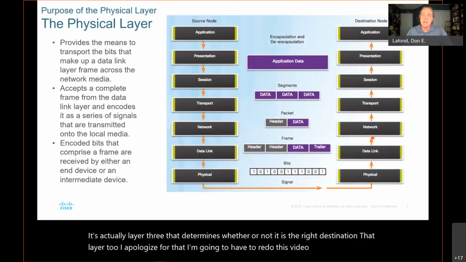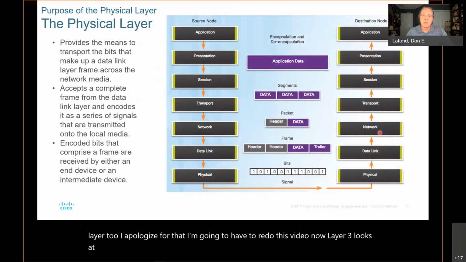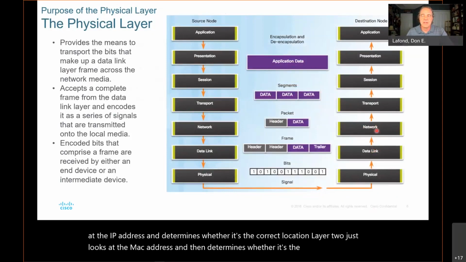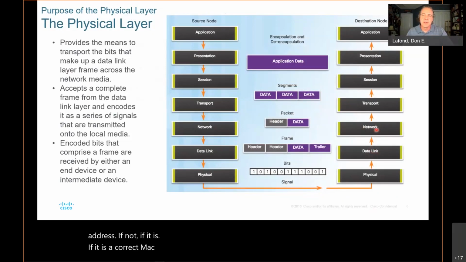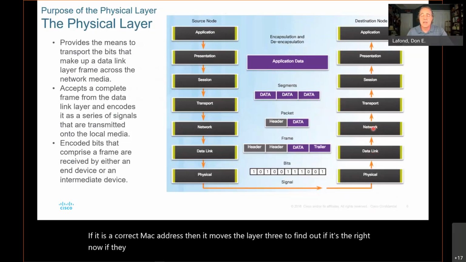Layer 3 looks at the IP address and determines whether it's the correct location. Layer 2 just looks at the MAC address and determines whether it's the correct MAC address. If it is the correct MAC address, then it moves to layer 3 to find out if it knows about the IP address. If it does know about the IP address, then it's re-encapsulated.